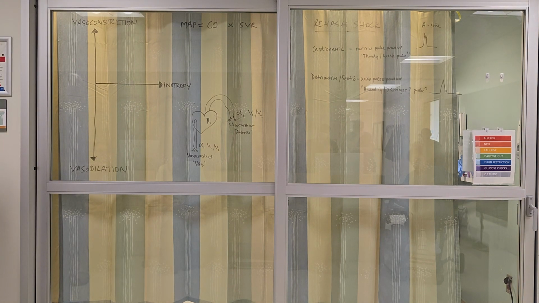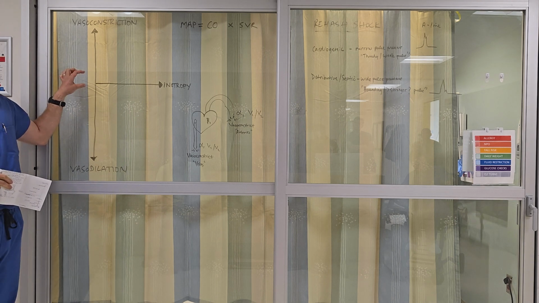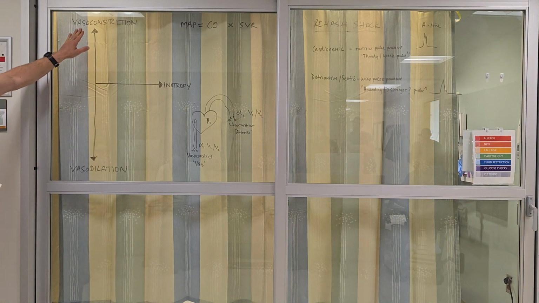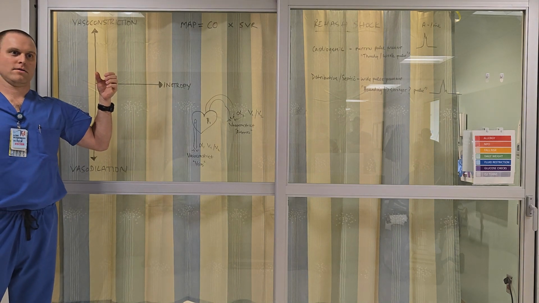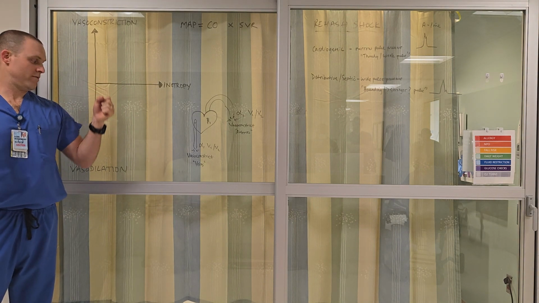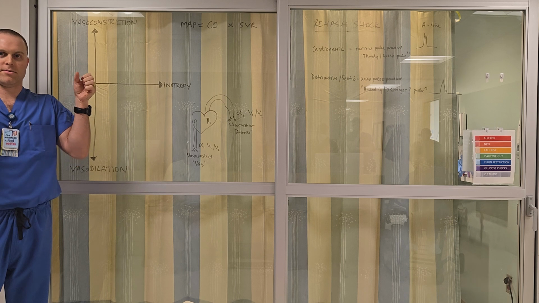All right, so where to even begin here? Okay, so I think we should begin with terminology. Does everybody know what vasoconstriction means? Okay, so increased tone of either the venous system or the arterial system and constricting.